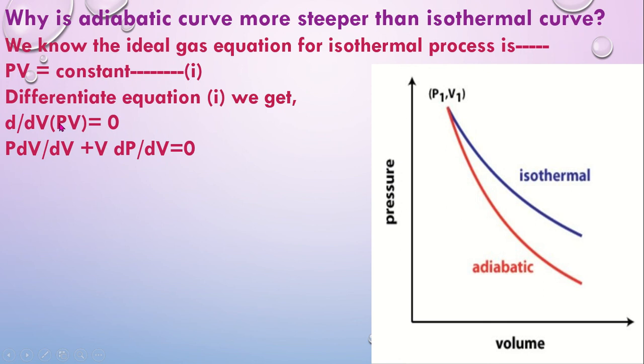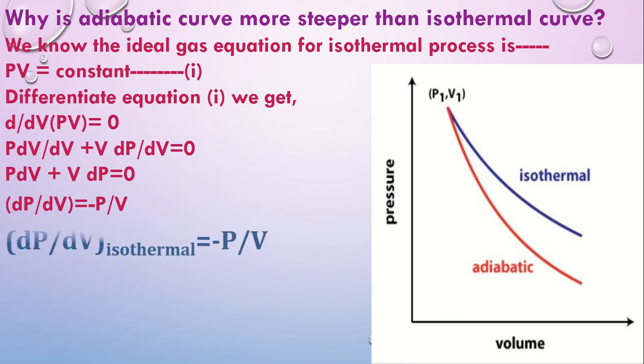At first you take P outside and differentiate volume, and then V outside and differentiate pressure, equal to 0. So P dV by dV plus V dP by dV equal to 0. Here in both cases the denominator is dV. So we can write P dV plus V dP equal to 0. That means dP by dV equal to minus P by V. Here dP by dV is the slope of the isothermal curve. So dP by dV for the isothermal process equal to minus P by V.